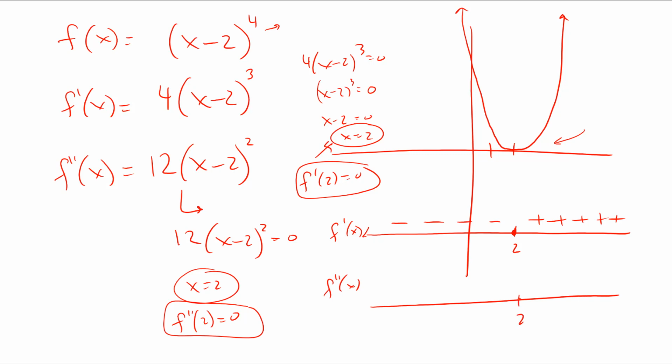Again, we have a critical point at 2, but notice in this one, if you were to go to the left side of it, you would have positive, and you go to the right side of it, you go positive. So there's no sign change for your second derivative, so therefore you know that this is a minimum. Okay, hopefully that explained the little piece that we were missing in class today.